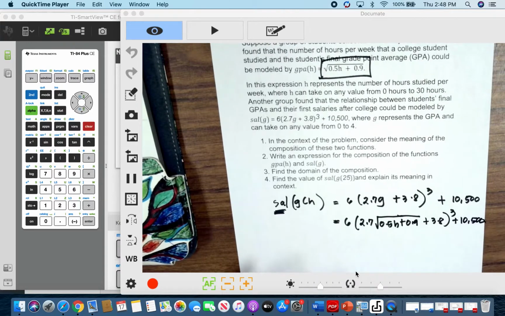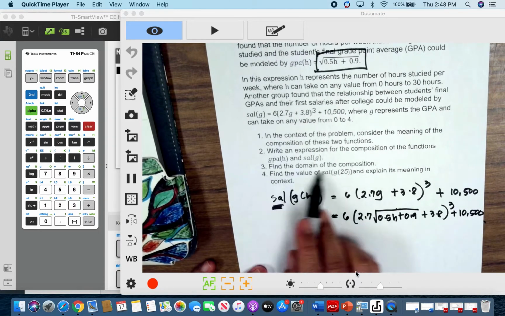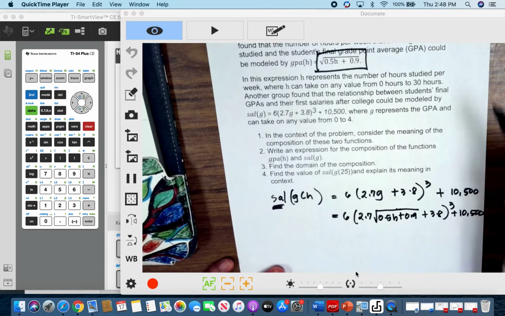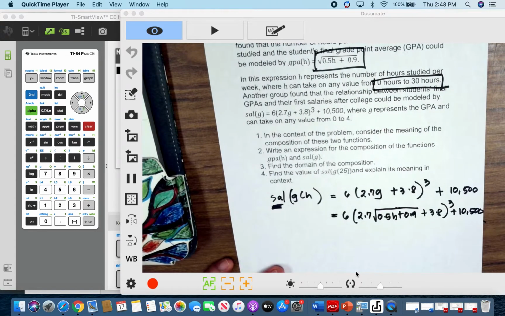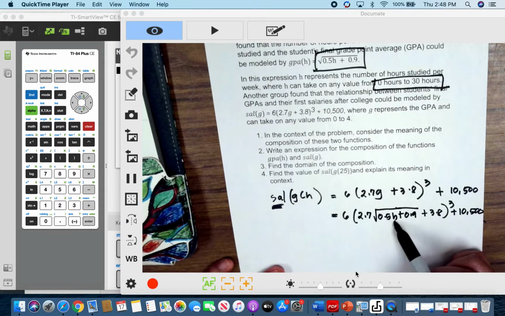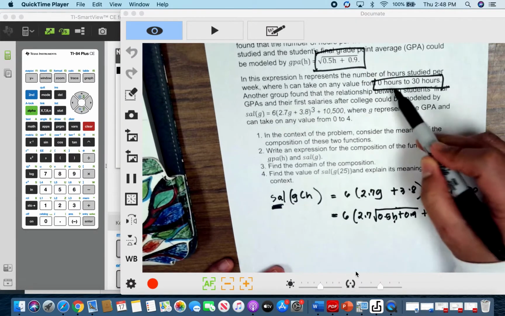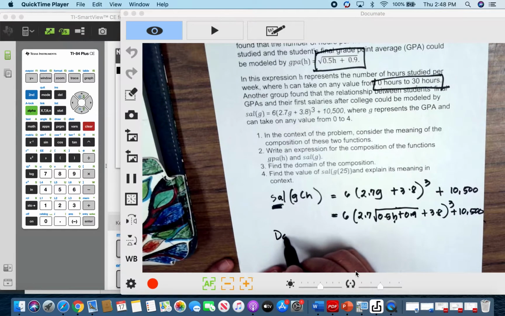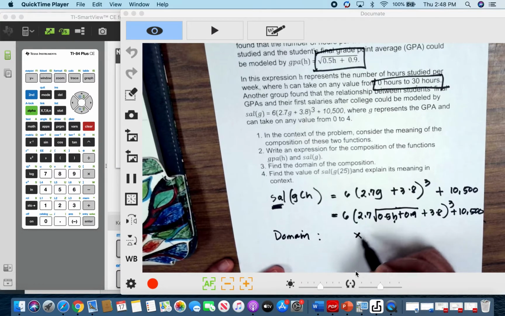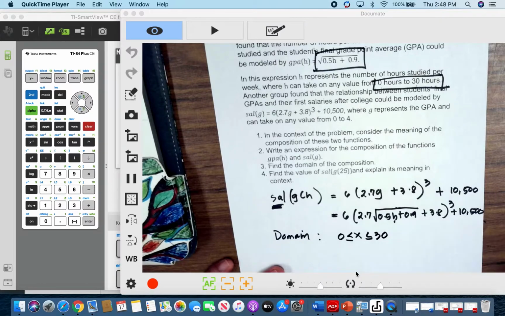Now you're asked to find the domain of the composition, but it's actually given in the context of the problem, which says that the value of h, which is your x in the composed function, is between 0 and 30. So therefore, our domain is that x is greater than or equal to 0 but less than or equal to 30.